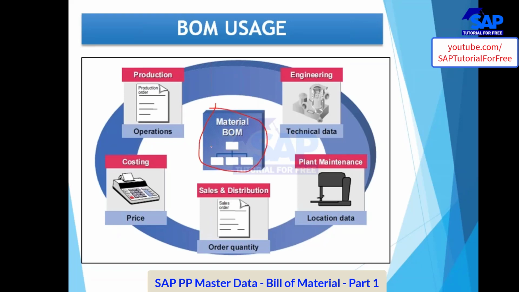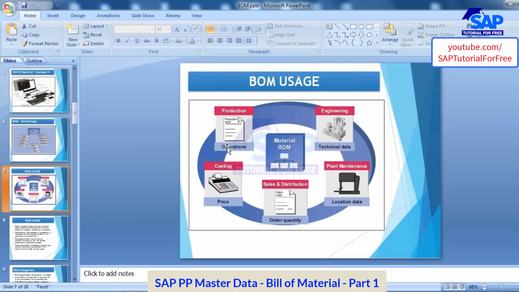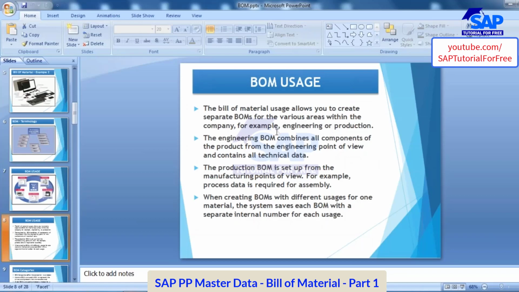For a particular material, one BOM you can create for use in production, one in engineering, one in sales and distribution, one in costing. So by using BOM usage, you can create separate BOMs for separate applications in the organization. When we go to the practicals, we'll see that. So when you're creating the BOM, you'll give the BOM usage.